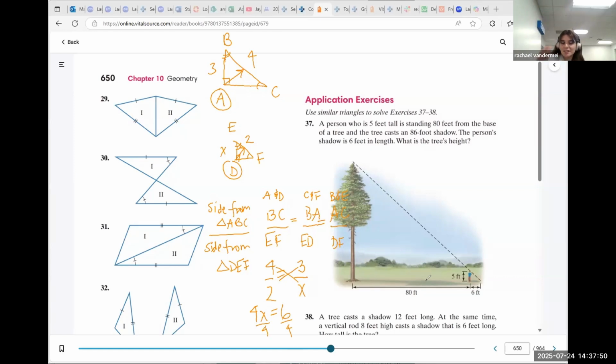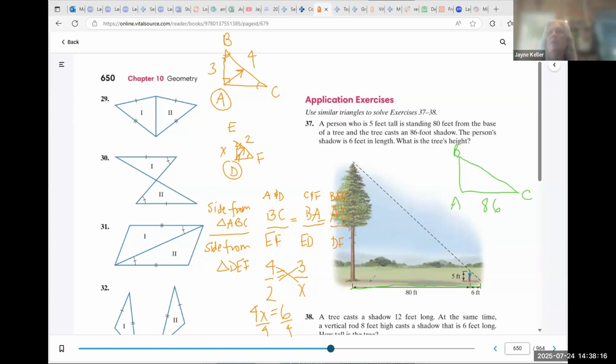So for the tree, just redraw the tree. Now we're going to redraw this guy. And here's the triangle that has the tree in it, and I'll call that one ABC. Do I know any of these distances? We know the 86-foot shadow, that's AC.